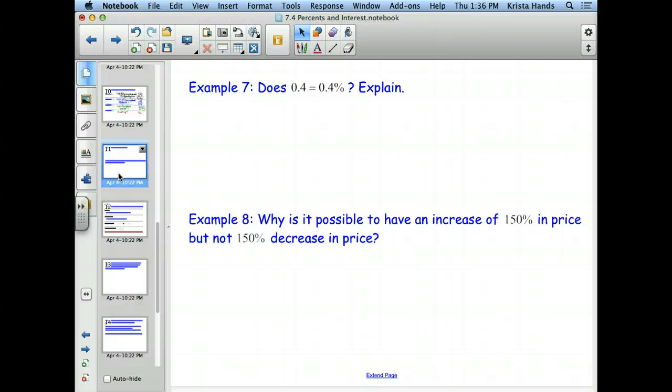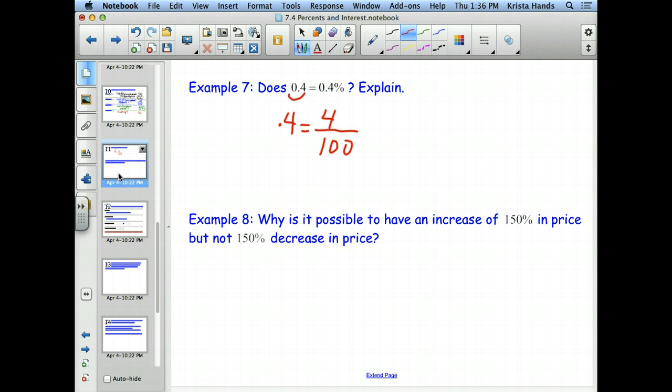Okay, so let me start with Mackenzie because you started talking about the point before over here. 40%. So 0.4 equals something over 100, particularly it's 40 over 100. That's how you would write that as a fraction, right? 40 over 100. So this is 40%. Okay, which is clearly not equal to 0.4%.